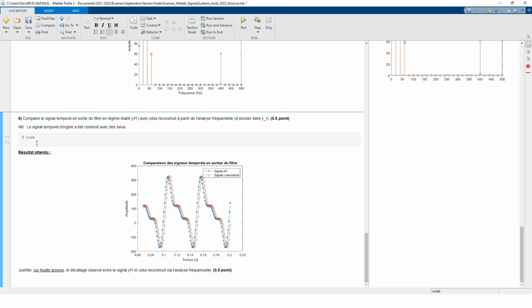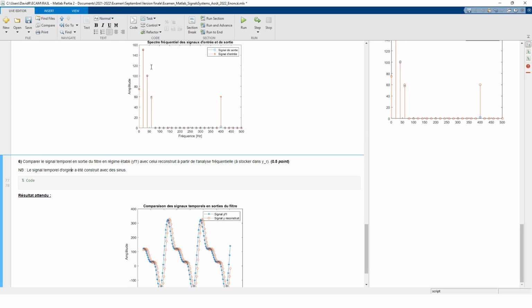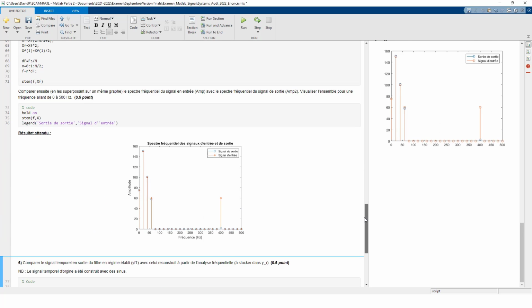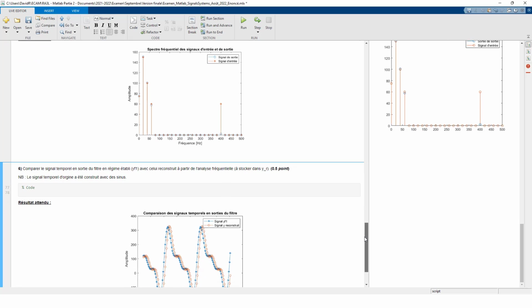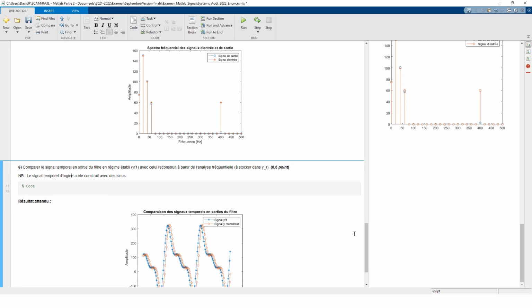Quelle est l'idée derrière ? L'idée, ça va être de se dire : repartons du spectre qu'on vient d'obtenir ici pour le signal de sortie, donc c'est notre fameux spectre XF, et essayons sur base de ce qu'on sait de reconstruire le signal temporel correspondant, puis venons le superposer avec ce qu'on a obtenu en YF1 pour voir s'il y a une différence entre les deux.